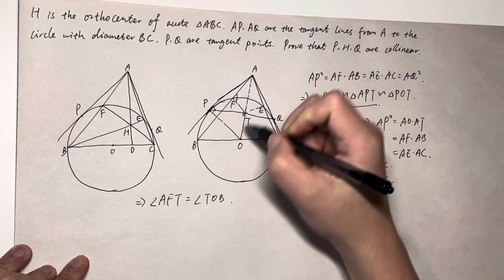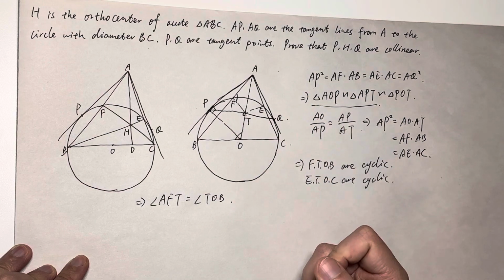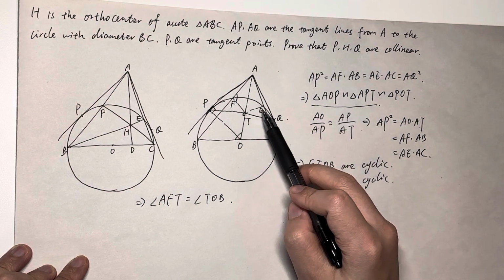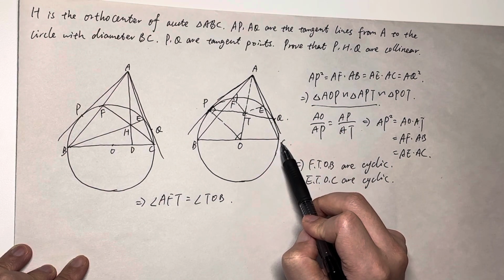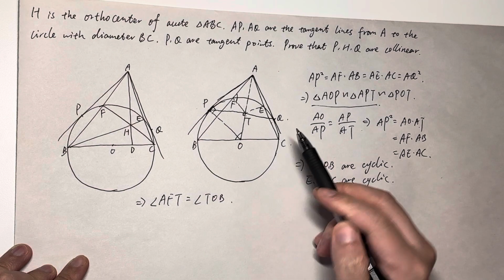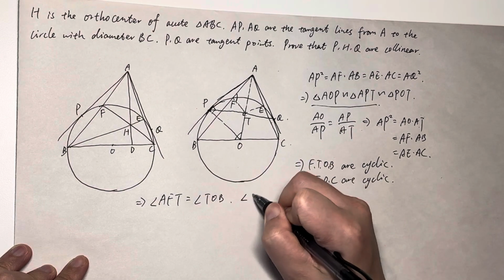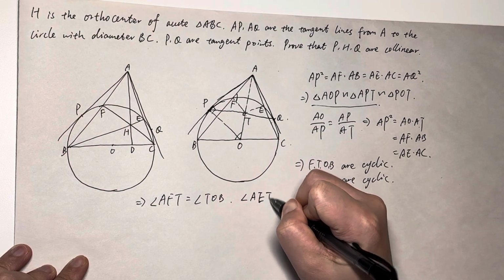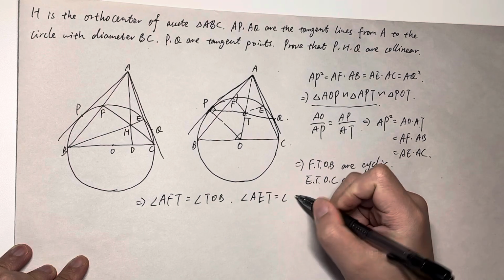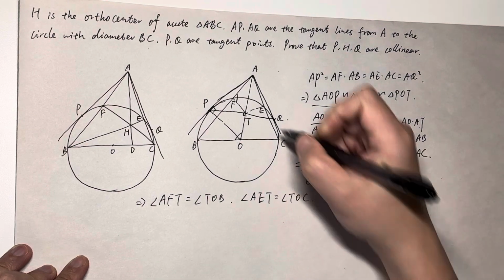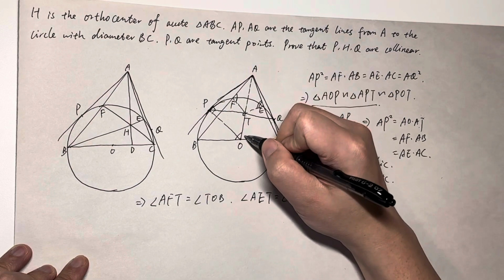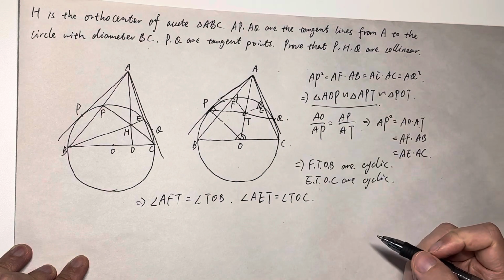This angle equals this angle. And because ETOC is a cyclic quadrilateral, we know that angle AET equals angle TOC, right? This angle equals this angle.